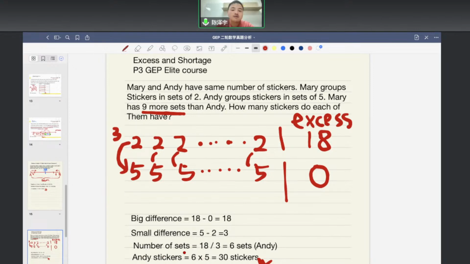Then you find the number of sets, just use the big difference divided by the small difference. And for the total number, you can take any of the scenarios here. Remember, if you have excess, you need to plus the excess, and if you have shortage, you need to minus the shortage. Of course, if you have no excess and no shortage, then you don't need to do anything.